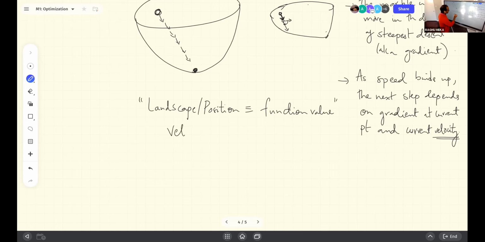So velocity is change in position. Oh, sorry, I should not say function value, but the current parameters. And change in velocity is change in position, okay? And the height is the function value. So you want to get to the bottom of the ball, so you're trying to minimize the function. That's the physics analogy.